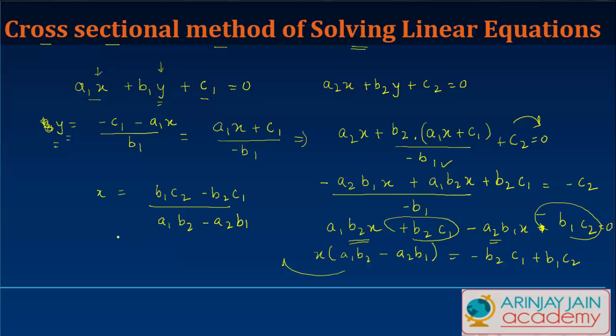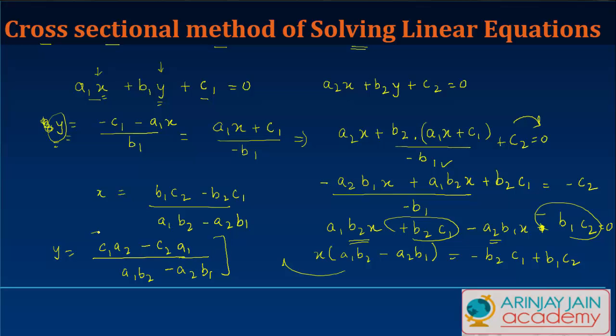If you redo this entire exercise, wherein instead of finding the value of y, you find the value of x, what you will get is that y is equal to c1 a2 minus c2 a1 upon a1 b2 minus a2 b1.